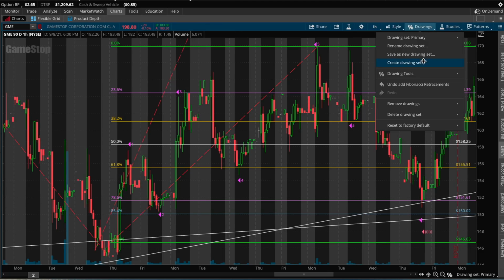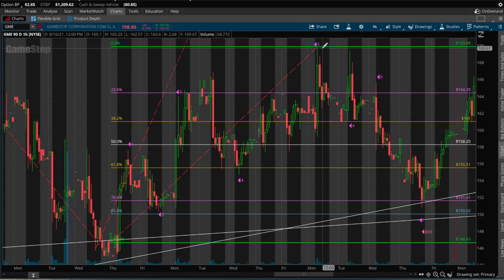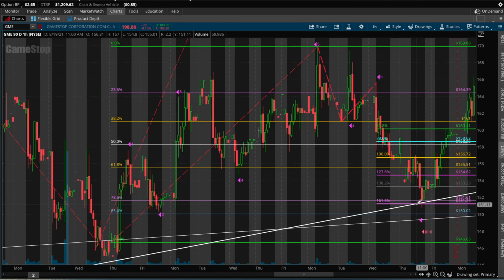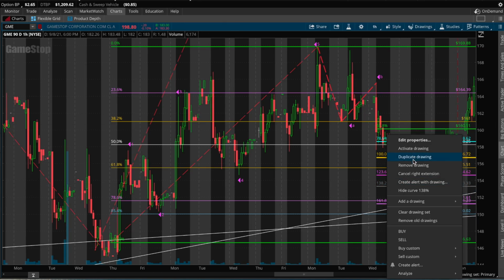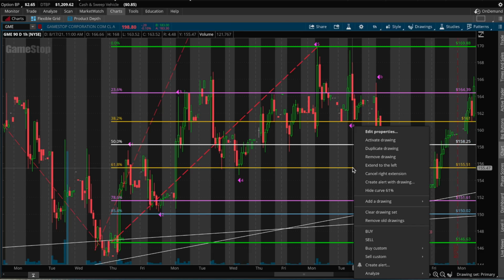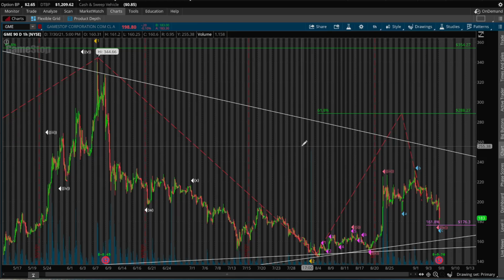I think I also analyzed this in another video, but we could verify that the length of the C wave down was also 1618 to 1. Yeah, right here.